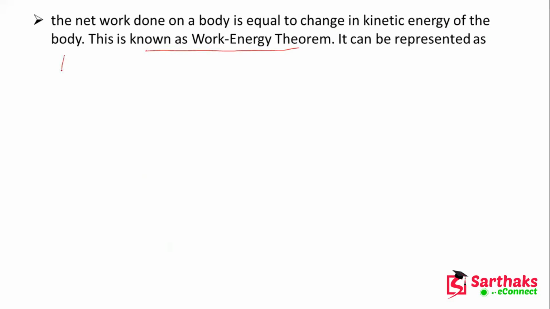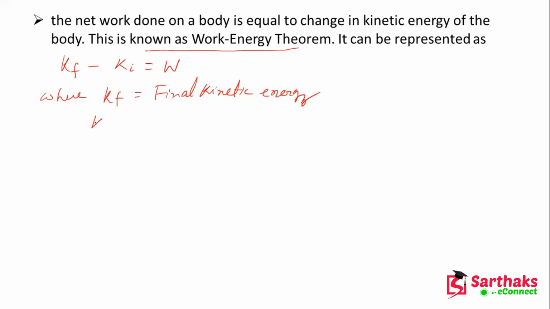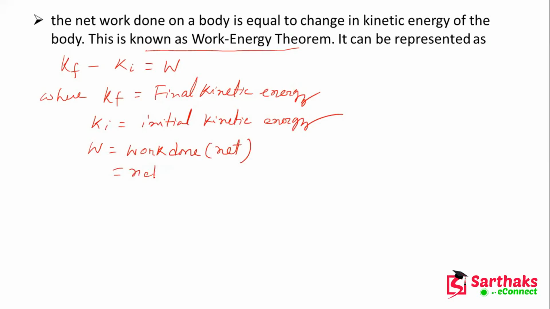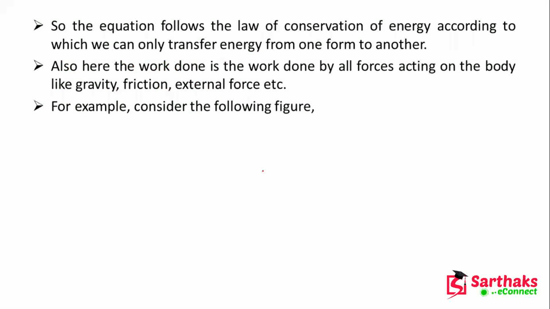So it can be represented as K final minus K initial equals work done, where Kf is the final kinetic energy, Ki is the initial kinetic energy, and W is the work done, but it is the net work done. Okay, fine. Let's move to the next slide.